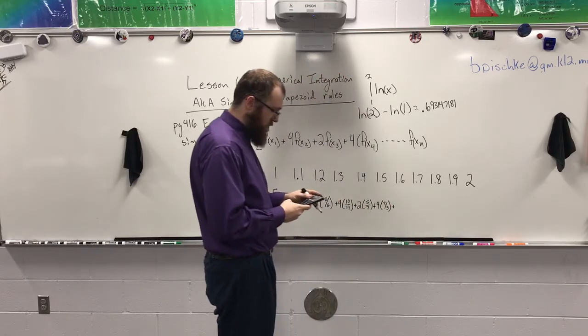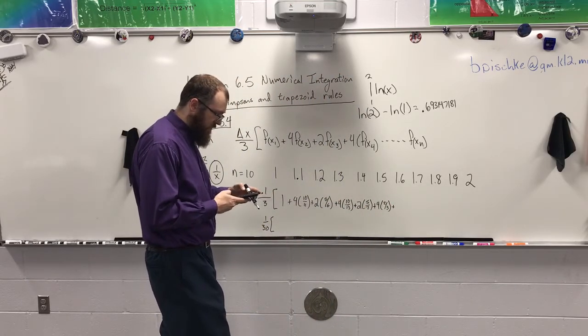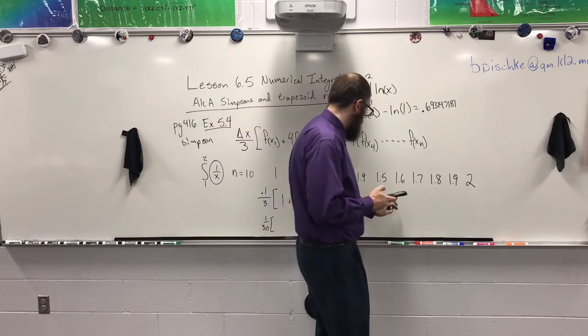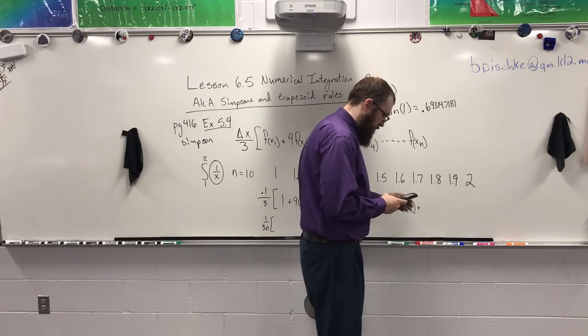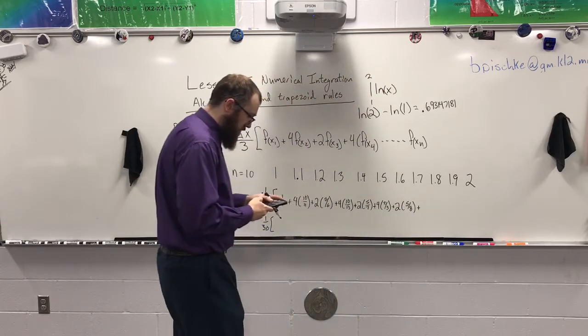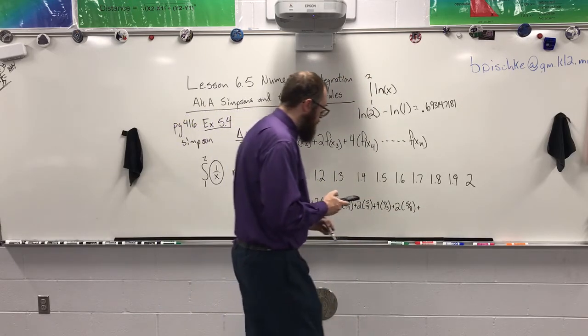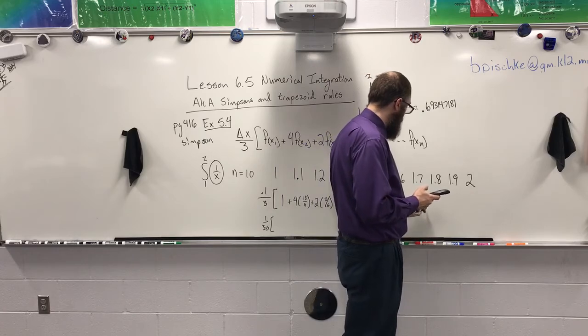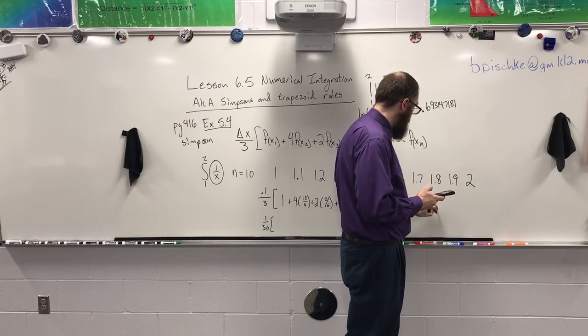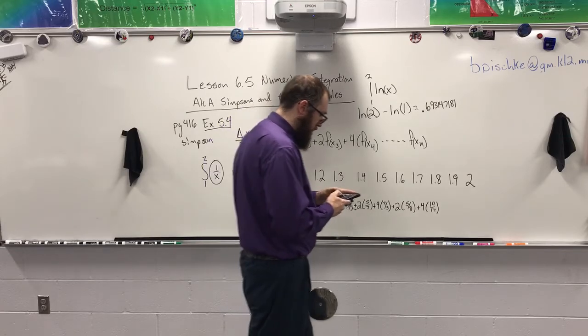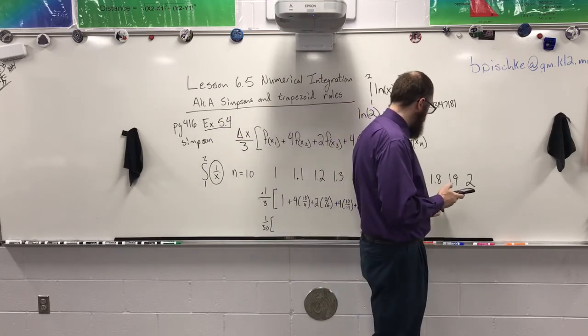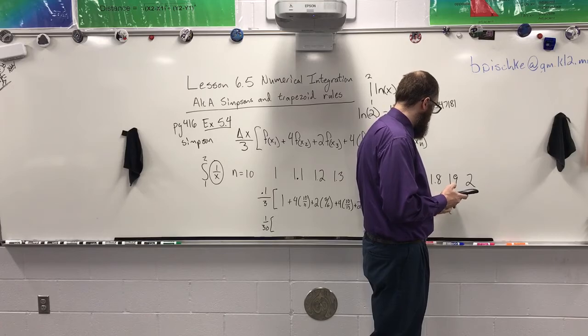1 divided by 1.6 is 5/8, so it'll be 2 times 5/8. 1 divided by 1.7 is 10/17, so it'll be 4 times 10/17. 1 divided by 1.8 is 5/9, so it'll be 2 times 5/9.